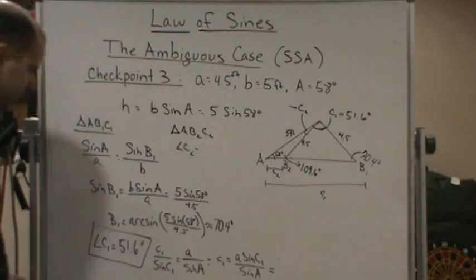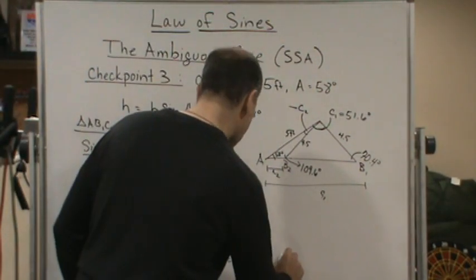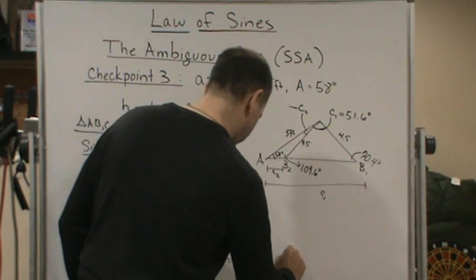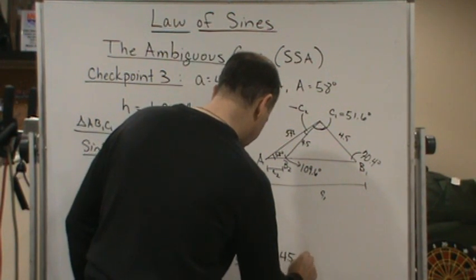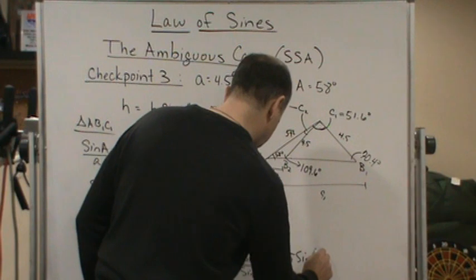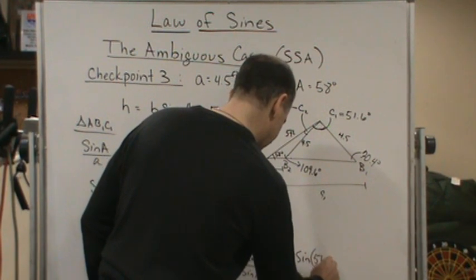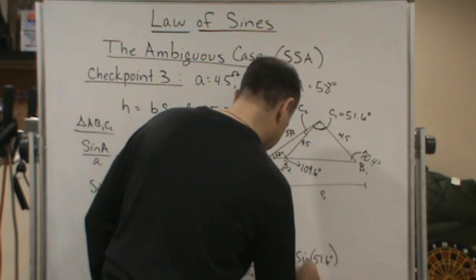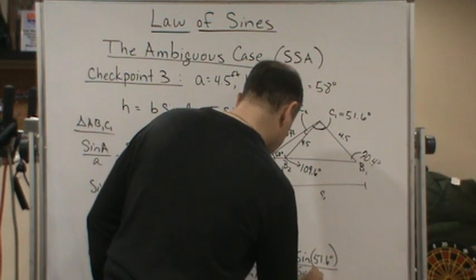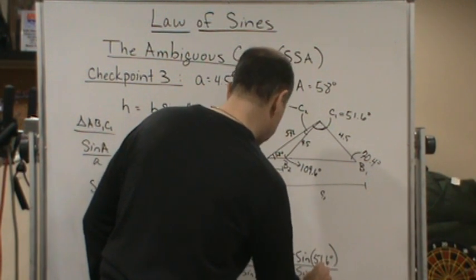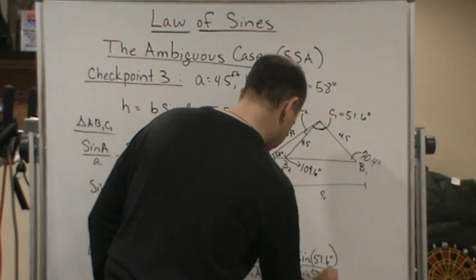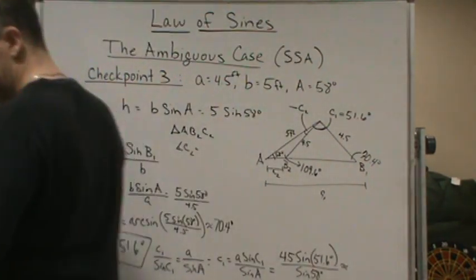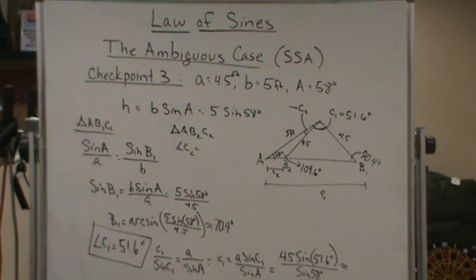C1 is 51.6. So this is 4.5 times the sine of 51.6 degrees over sine of 58 degrees. Yep, I knew something wasn't right. Okay, let's do this one more time. So we're still on this triangle here.